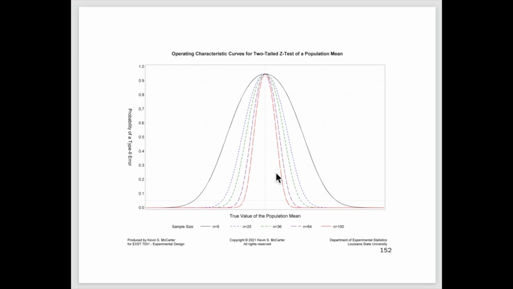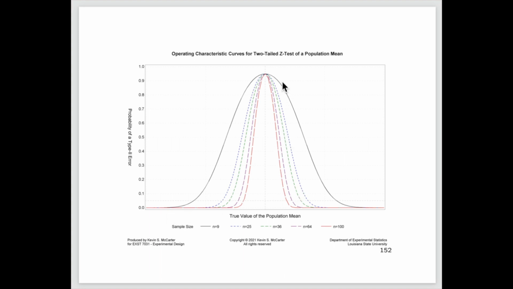In fact, as mu gets closer and closer to mu sub 0, regardless of the sample size, the probability of committing a type 2 error gets closer and closer to 0.95, because the significance level that I'm using here is 0.05 or 5%.